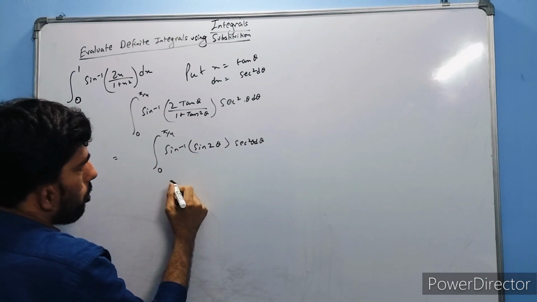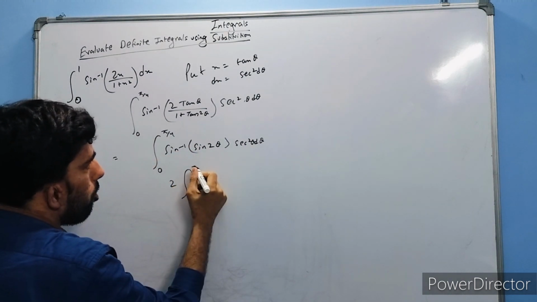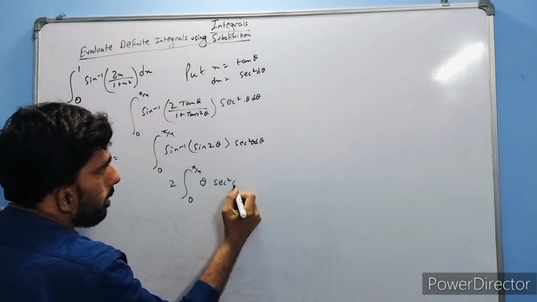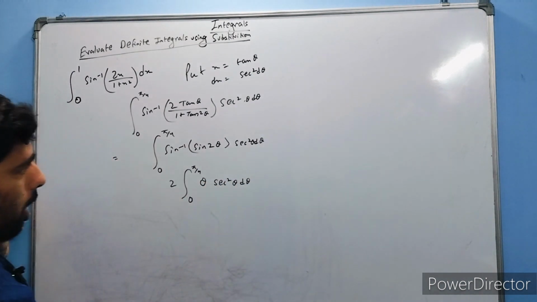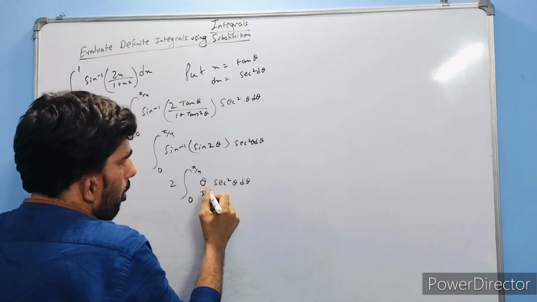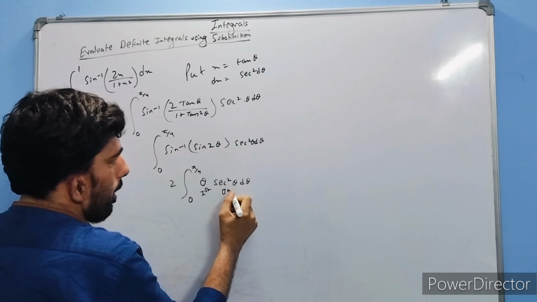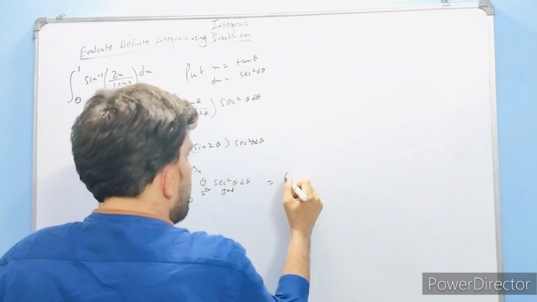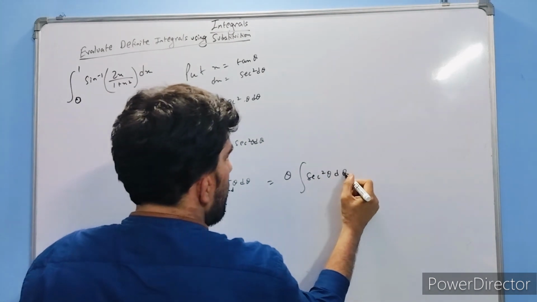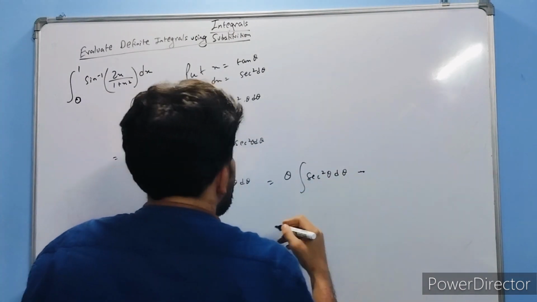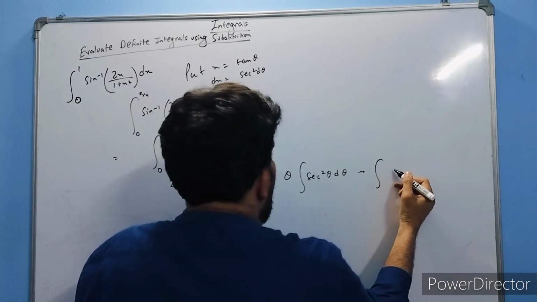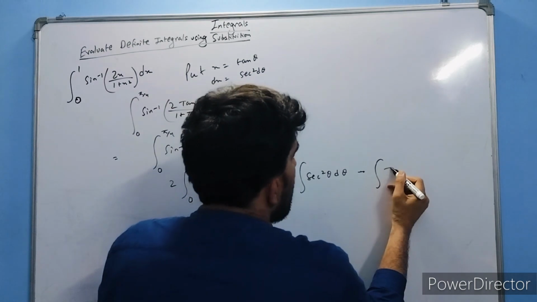Now we'll have 2 outside, and the integral from 0 to pi by 4 of theta into sec square theta d theta. Now how to integrate it, we can do it using integration by parts. Taking theta as the first function and sec square theta as the second function, it will be theta times the integration of sec square theta d theta, minus the integral of the differentiation of theta, which is 1, times the integration of sec square theta, which is tan theta.